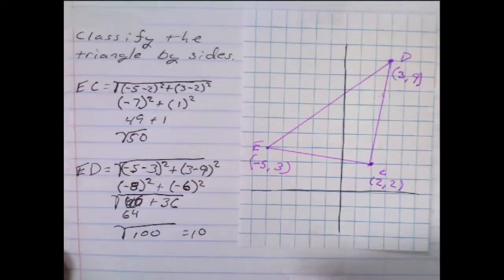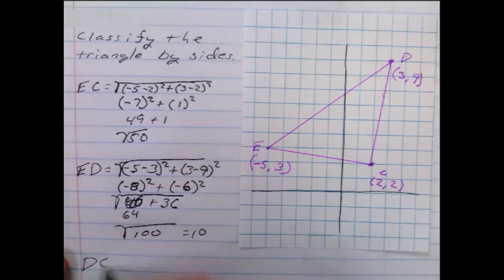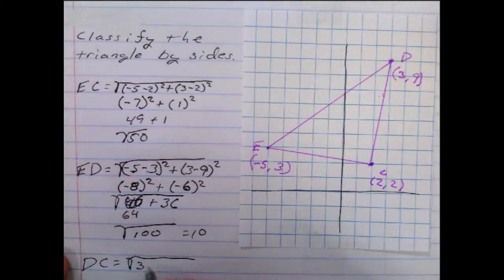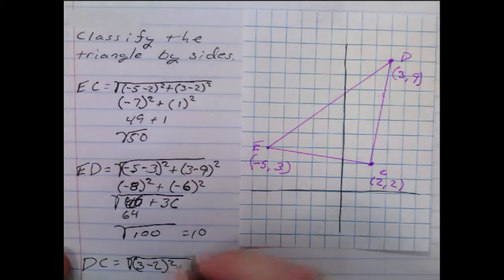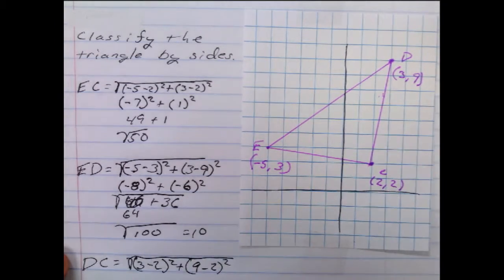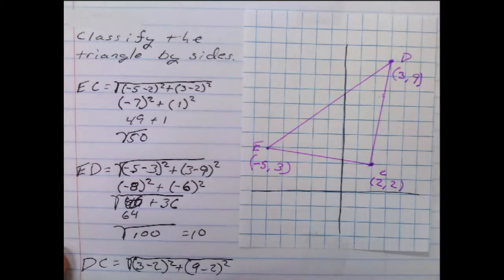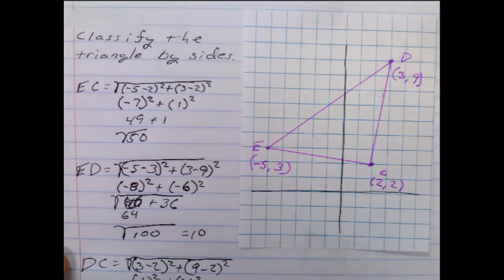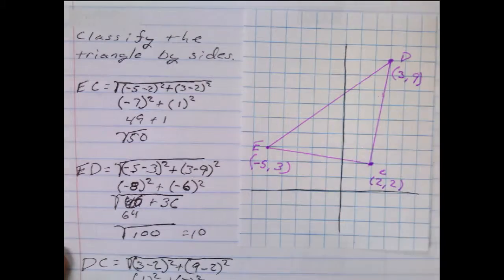And then our last side that we're dealing with is DC equals square root of 3 minus 2 squared plus 9 minus 2 squared. So we're going to simplify there. 3 minus 2 is 1 squared. 9 minus 2 is 7 squared. So we have 1 plus 49, which again is our square root of 50.